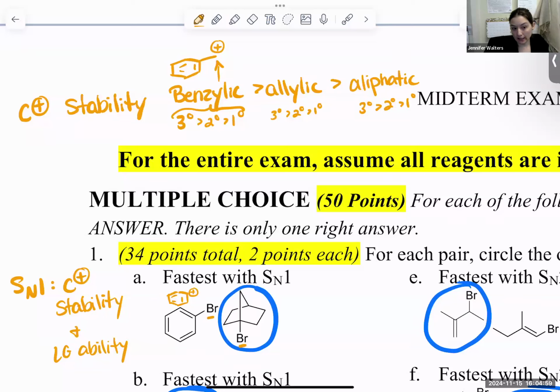That is phenylic. It just means it's on the benzene itself. That is unstable. We are not going to make a carbocation on an sp2 hybridized atom. The fact that it is directly on the double bond is unstable. That is definitely going to be the wrong answer. So anything would be faster than that for SN1.